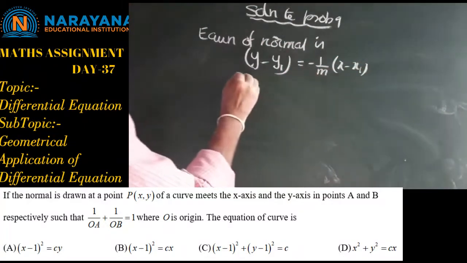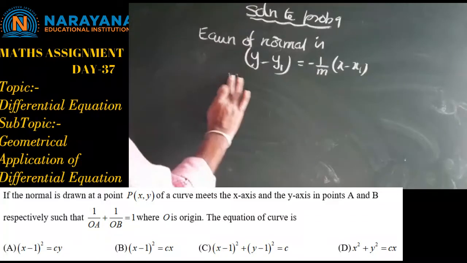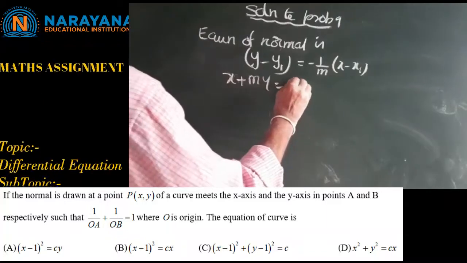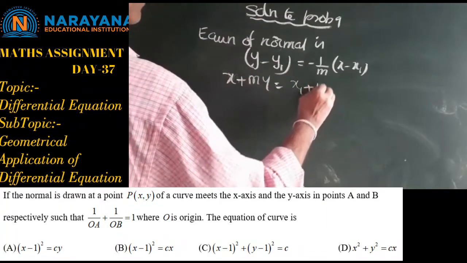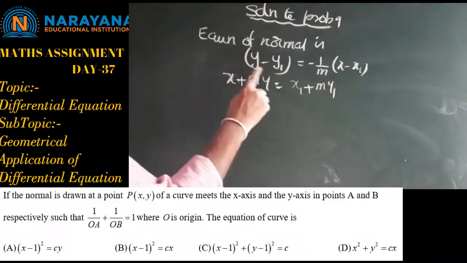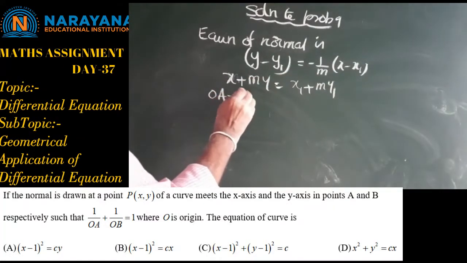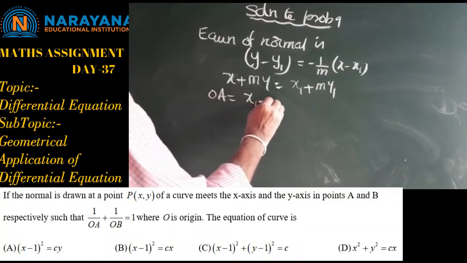So we can get x plus my equal to x1 plus my1. If you put y equal to 0, you can get the OA distance. So OA is equal to x1 plus my1.